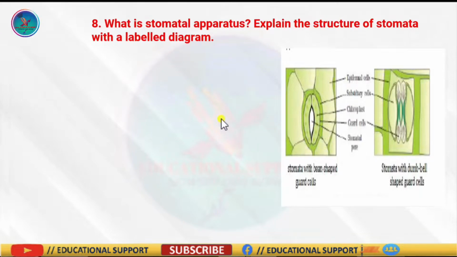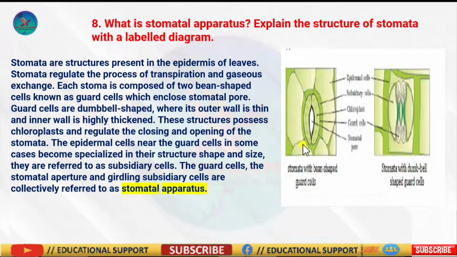The outer walls of guard cells, away from the stomatal pore, are thin, and the inner walls, towards the stomatal pore, are highly thickened. The guard cells possess chloroplasts and regulate the opening and closing of stomata, and a few epidermal cells in the vicinity of the guard cells become specialized in their shape and size and are known as subsidiary cells.